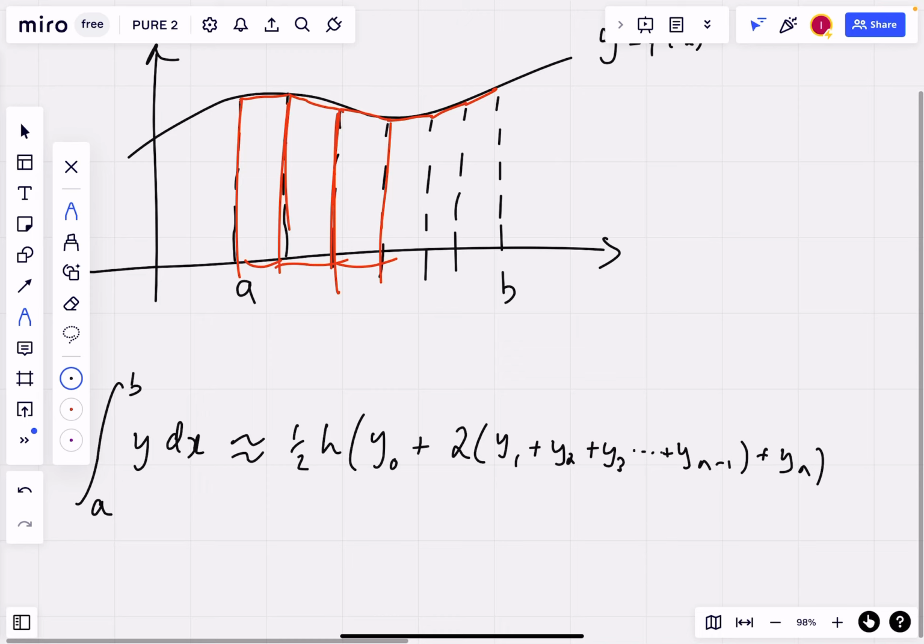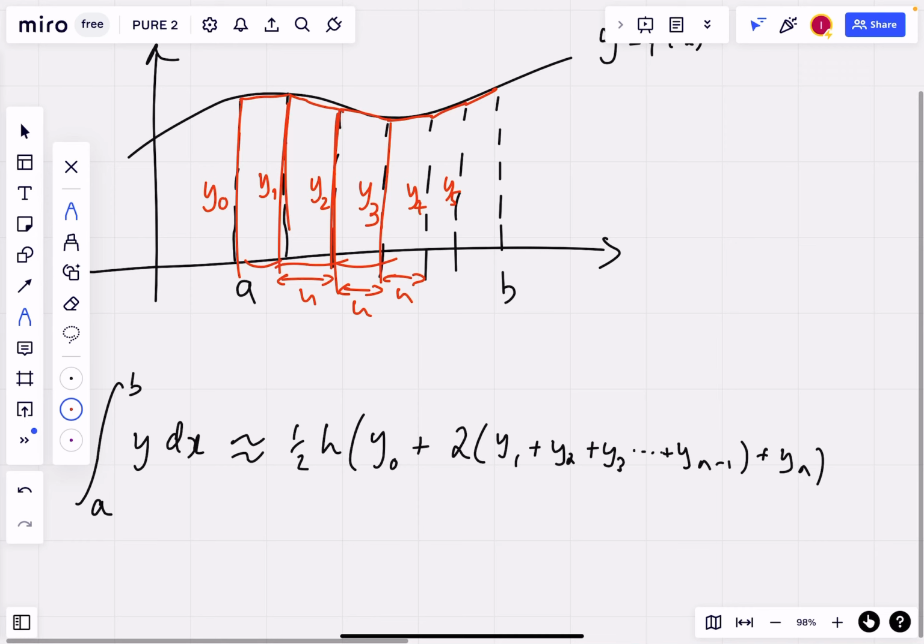y0 would be this line there. y1 would be that line. y2 would be this line. y3, y4, y5, so on and so forth. The h would be the width of the trapezium. So this would be h. That would be the h.